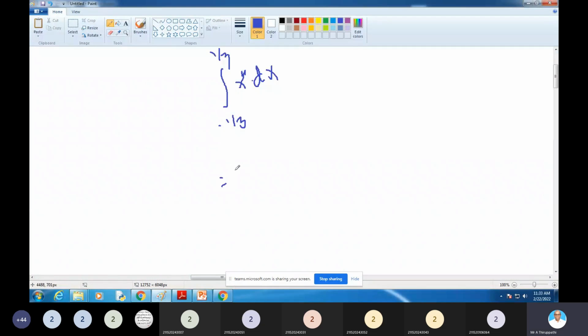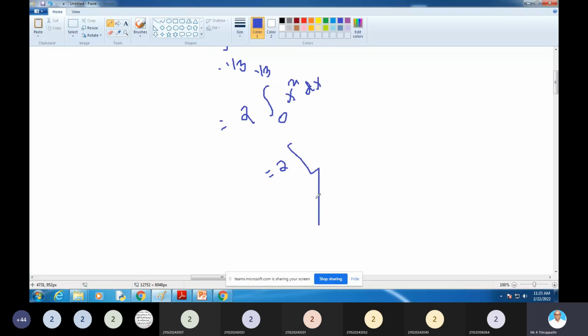This is an even function, therefore 2 times integral over 0 to 1 by 3 of x square into dx. The integral of x square is x cube by 3, from 0 to 1 by 3.